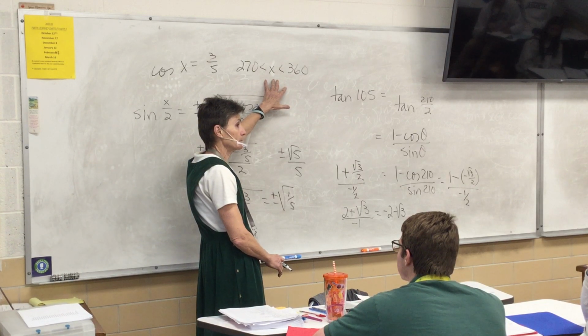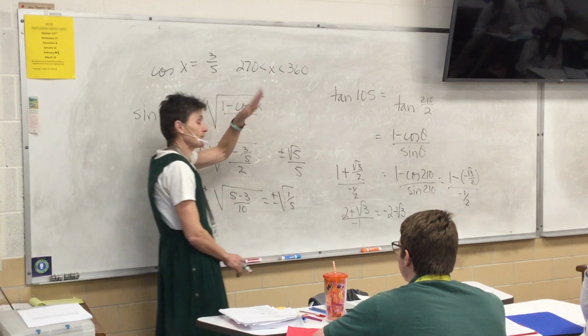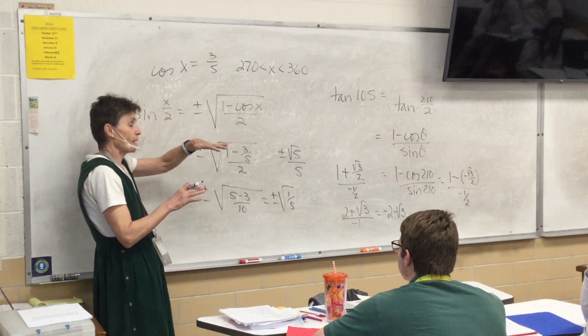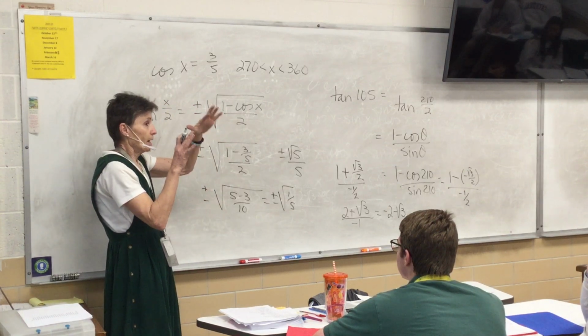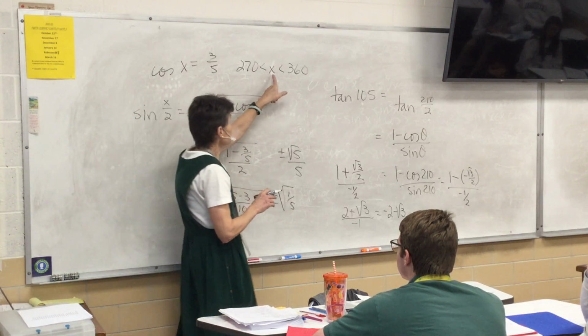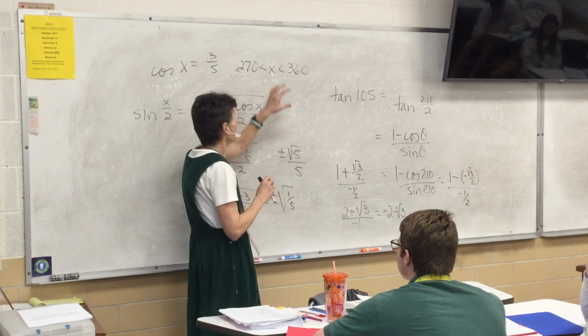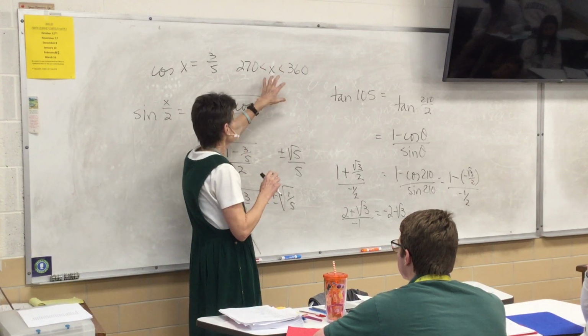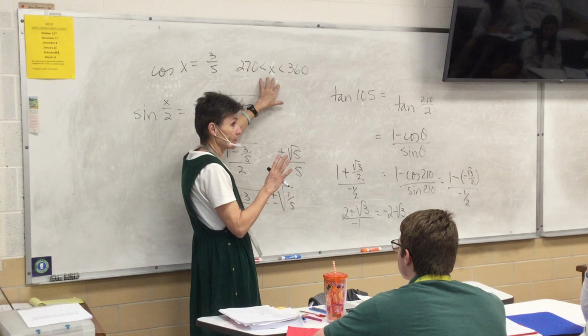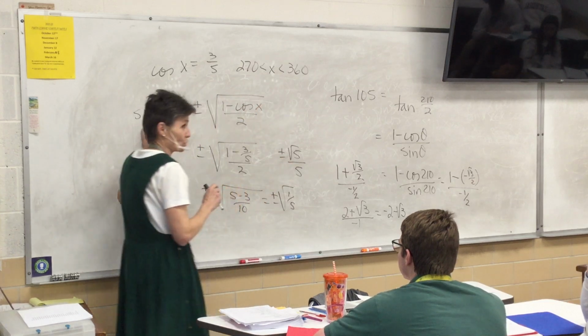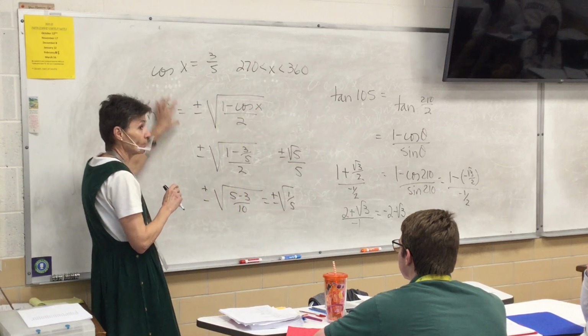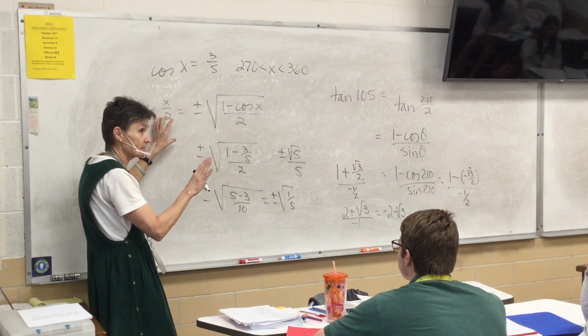Because it's on the bottom half. Now, you are thinking along the exact right line, sir. Understand that this is whole x. X is in quadrant 4. Your question involves half of that.